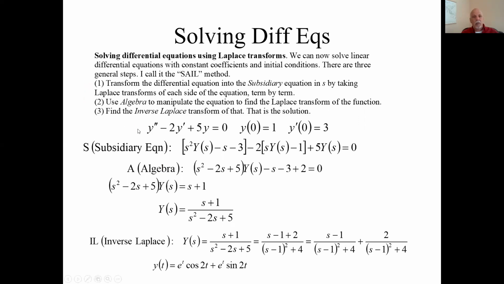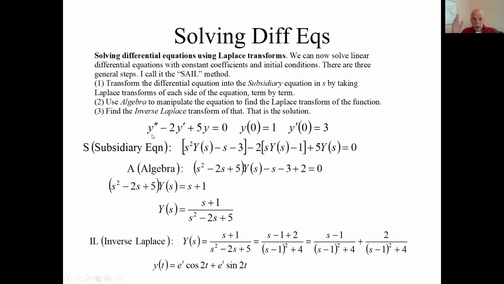Let's say this is the problem we're asked to solve. Here's the differential equation and the initial conditions. The first step is write the subsidiary equation, which means take the Laplace transform term by term of this equation.